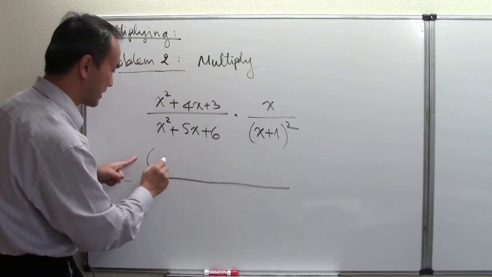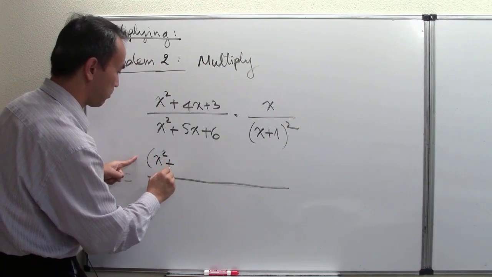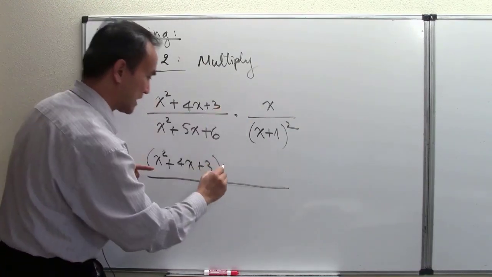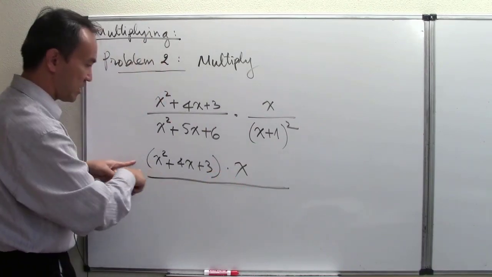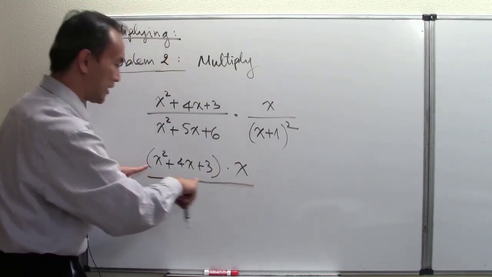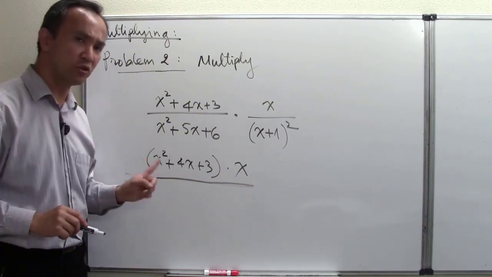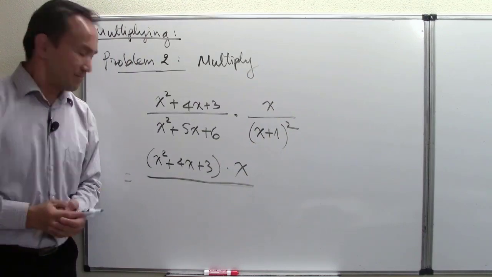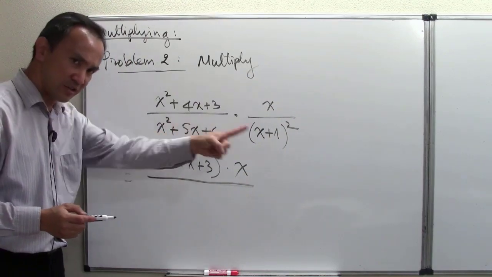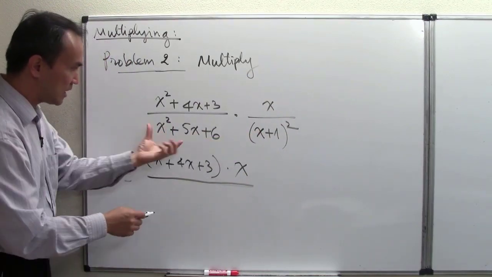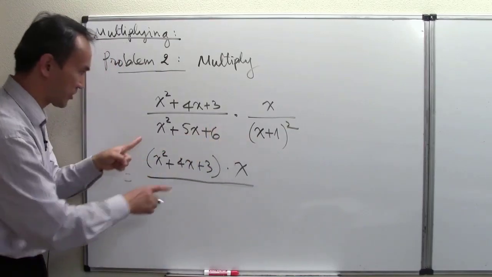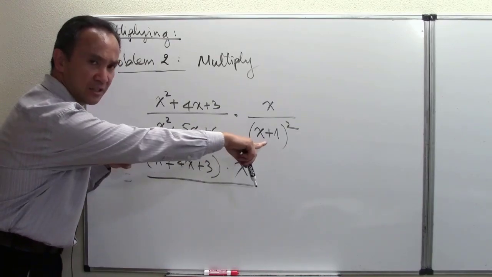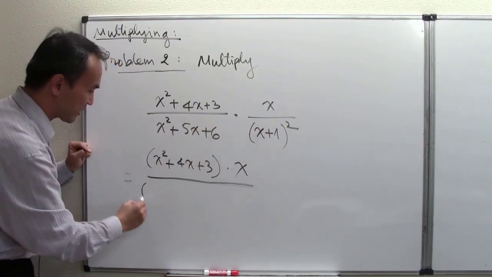The final numerator comes from multiplying x squared plus 4x plus 3 with the other numerator, so this expression represents the final numerator of our final rational expression. Then, in the same way, the denominator of our final rational expression comes from multiplying x squared plus 5x plus 6 with the other denominator, x plus 1 all squared. So I'm going to write it like this.